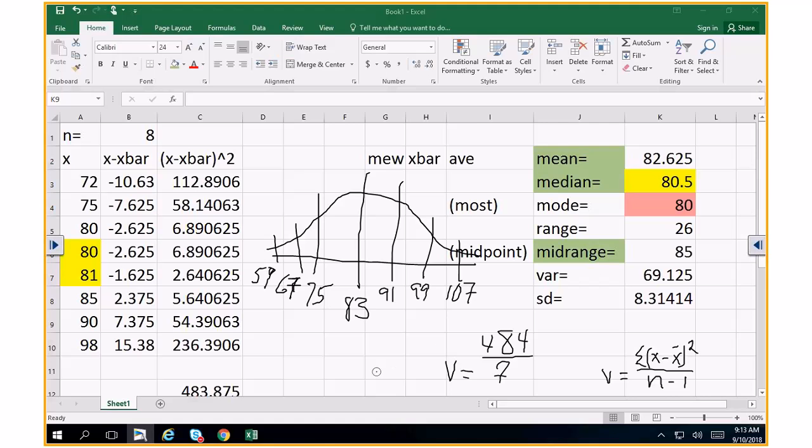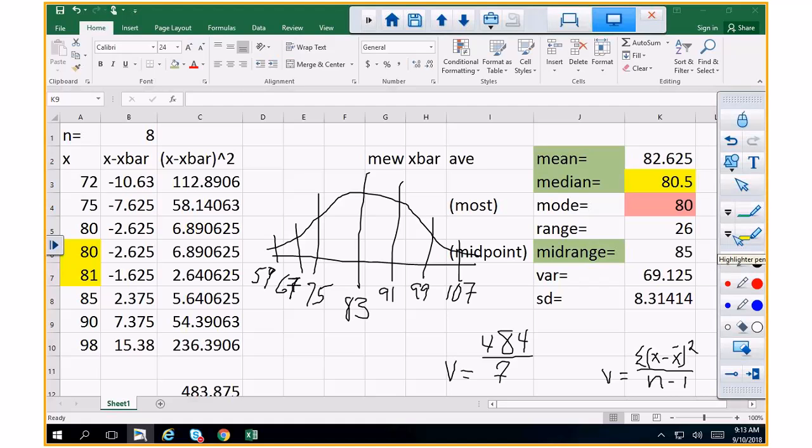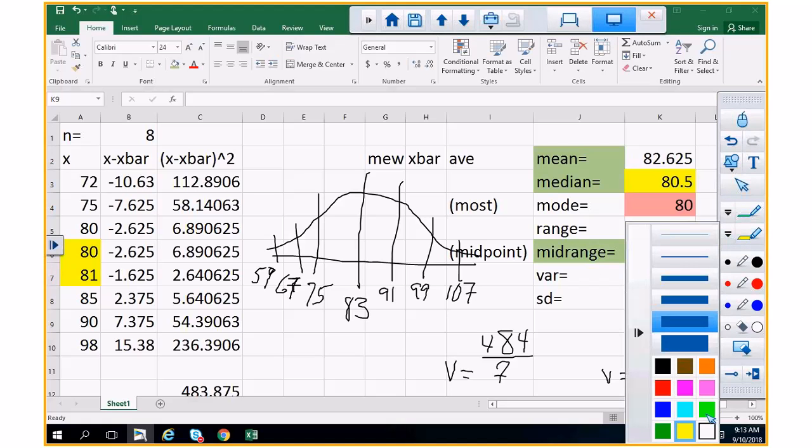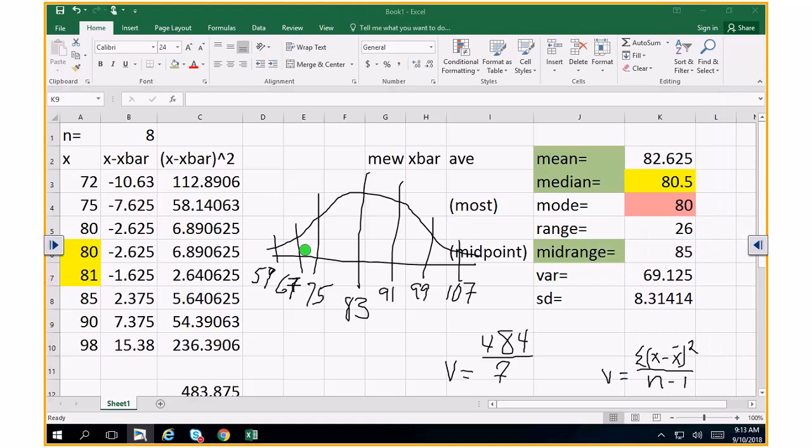Okay. Now, that's what you do with your normal curve every time you get the mean and the standard deviation. Now, I'm going to have to draw with a highlight. Between 2 standard deviations is called what?